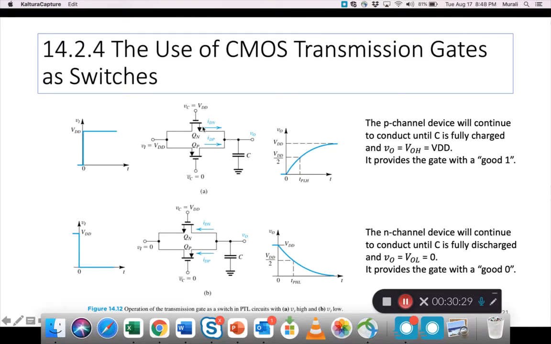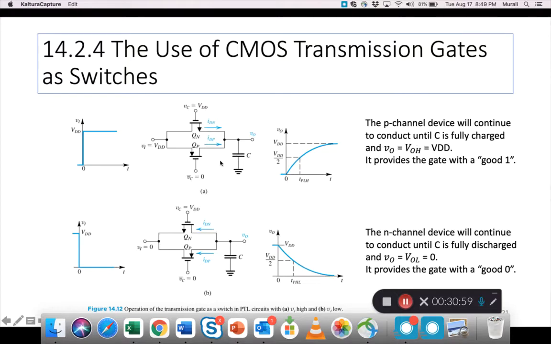Previously we had just one NMOS device that did the entire switch function. Here we have both of them work together. So what you'll notice is, again, there is the interchangeability, right? The source and drain switching happens, no doubt, for both QN and QP. But if you just look at when the input is high, the P channel will continue to conduct.